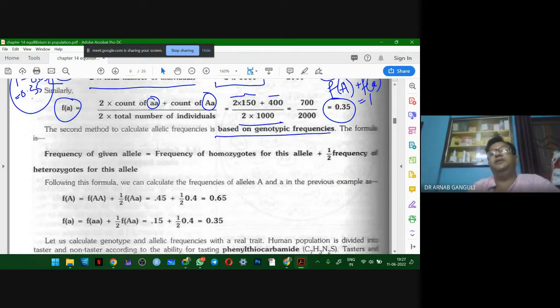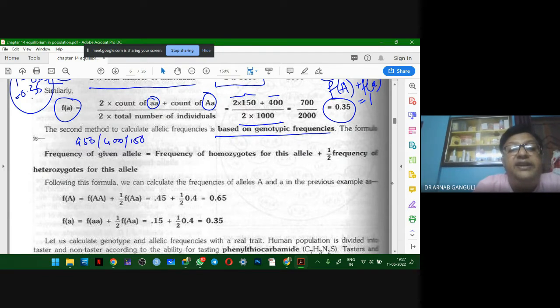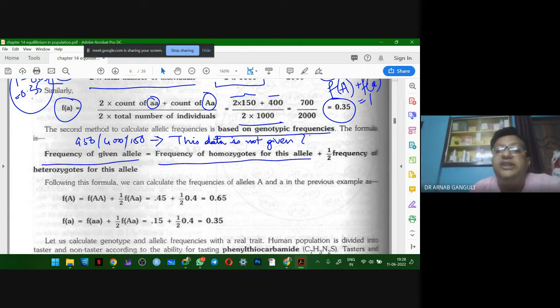The second method is based on genotypic frequency. Suppose you are not given this data, 450, 400, 150. This data is not given. Then you use this: the frequency of a given allele is the frequency of homozygotes for this allele plus half of the frequency of heterozygotes.